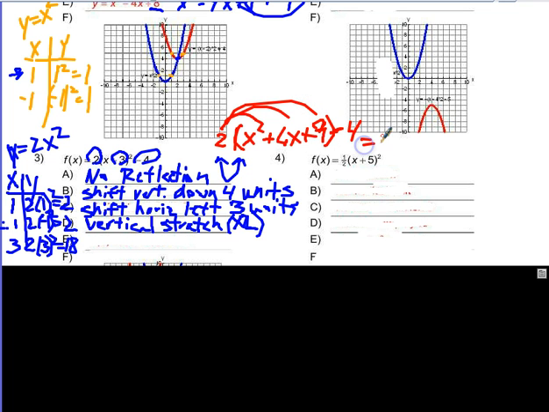So that's going to be 2x squared plus 12x plus 18, and then of course we've got the minus 4 on the end. Please do this neater than I'm doing it, I just don't have room below. Now I can combine those two, so my actual equation is 2x squared plus 12x plus 18 minus 4, which would be 14. And that would be my equation.